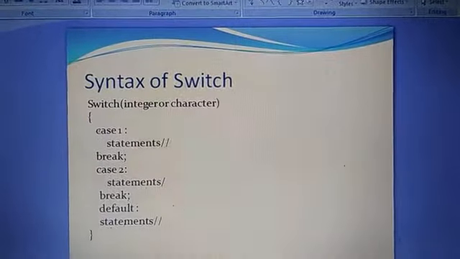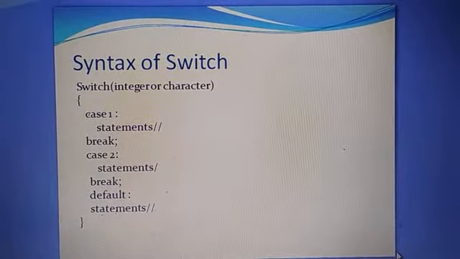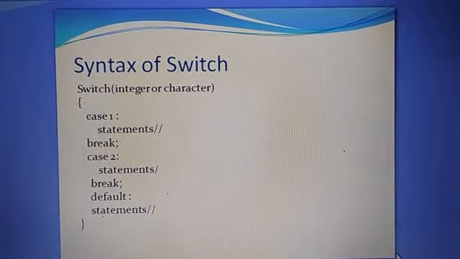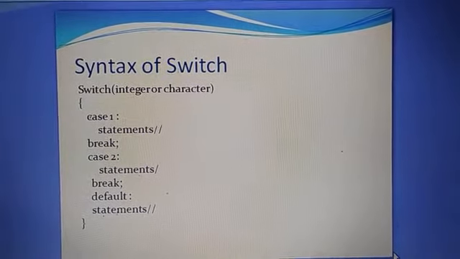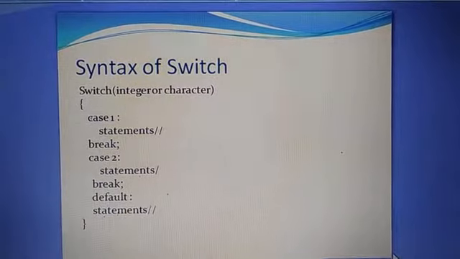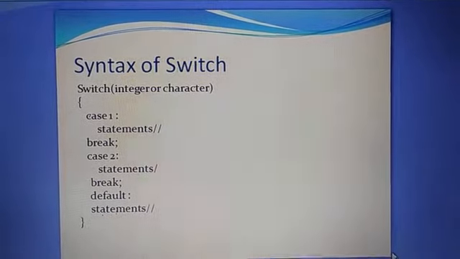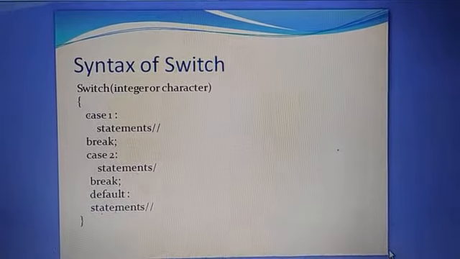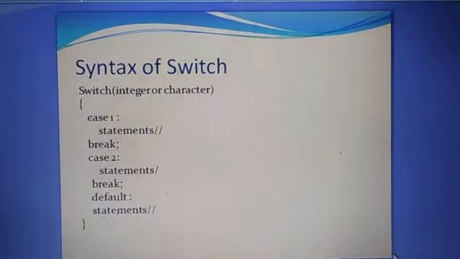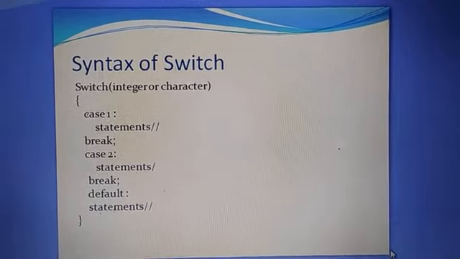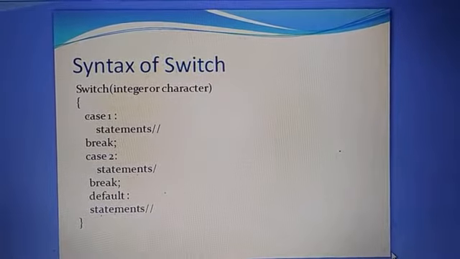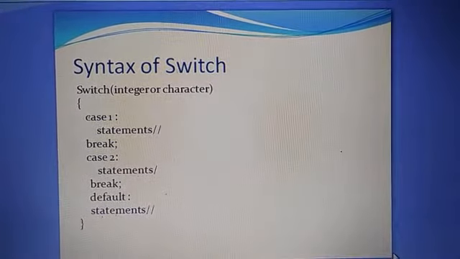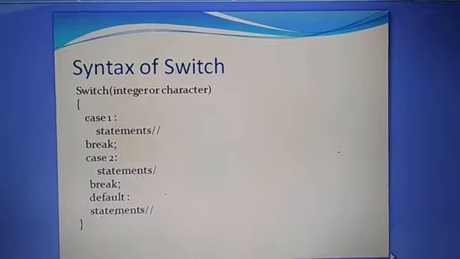So the syntax of switch is like this: switch, an integer or any character, then curly bracket, case 1. Now here are the statements. Like in an if statement, you can put curly brackets or not, it is not compulsory. After case 1 is over, put the break. It is not compulsory to use numbers; you can write case A, B, C, any character also.